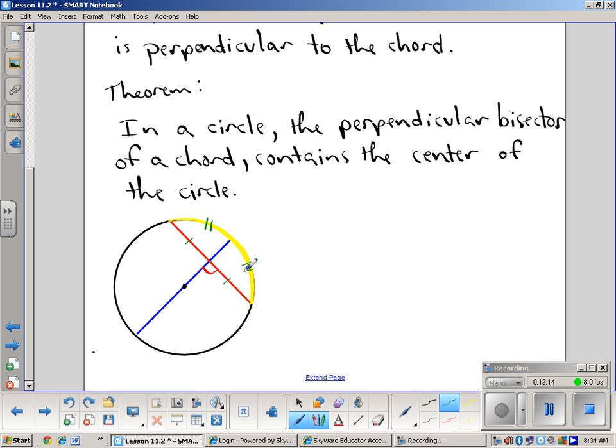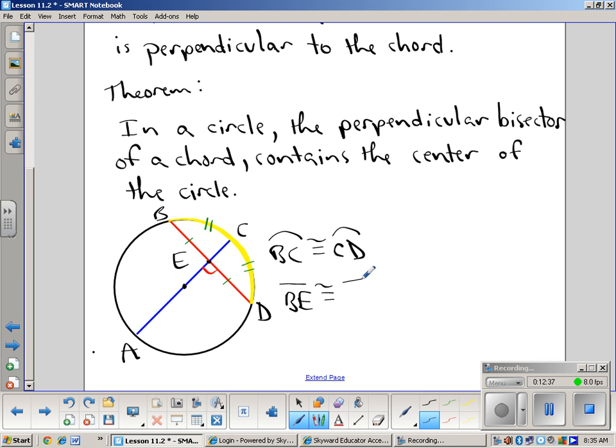And so if we label that arc, we would say arc BC is congruent to arc CD. And we could say segment BE is congruent to segment ED. Okay?